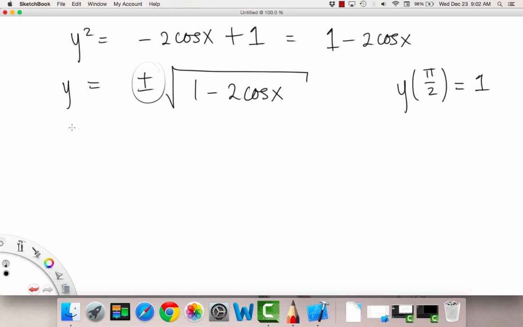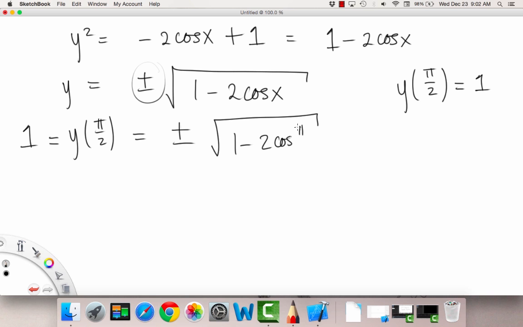If we plug in pi over 2 for x, we can determine which sign we need. So y of pi over 2, which should be equal to positive 1, is equal to plus or minus, and we'll decide on this step here, the square root of 1 minus 2 cosine pi over 2. Again, this quantity here is 0, so we have square root of 1, so we need this plus sign in order to match the left side.